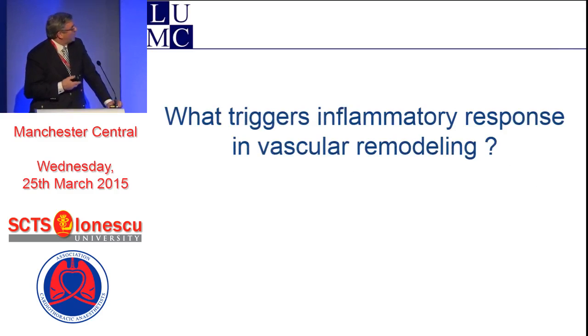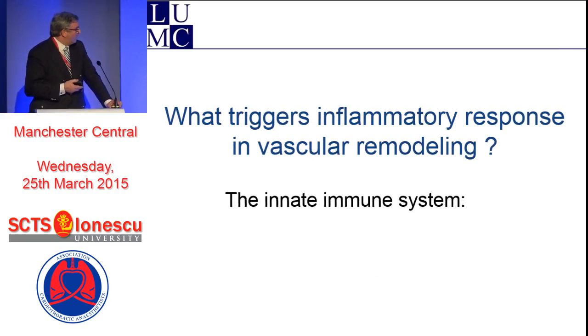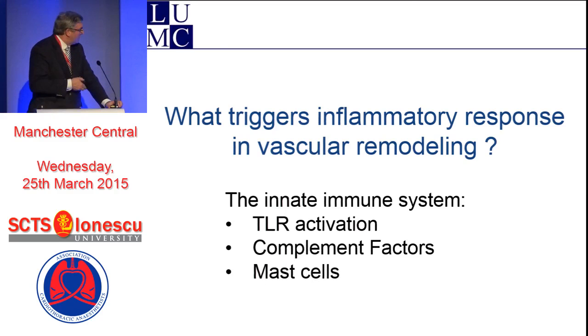The question now is, what triggers the inflammatory response in vascular remodeling? For that, we look at the innate immune system. We think that's a crucial factor, and I know that you probably will not be too much aware of the innate immune system. The parts of it that we zoom in on are the Toll-like receptors, complement factors, and mast cells.